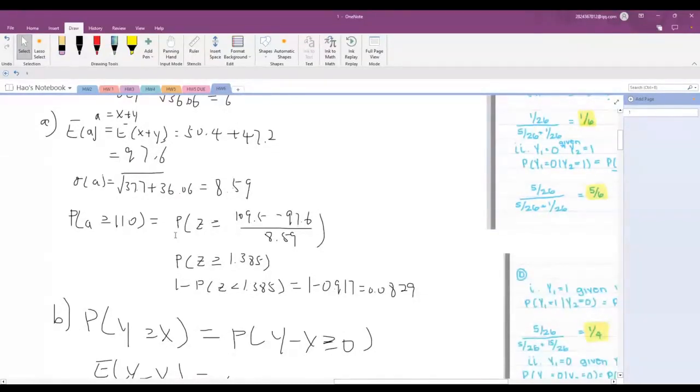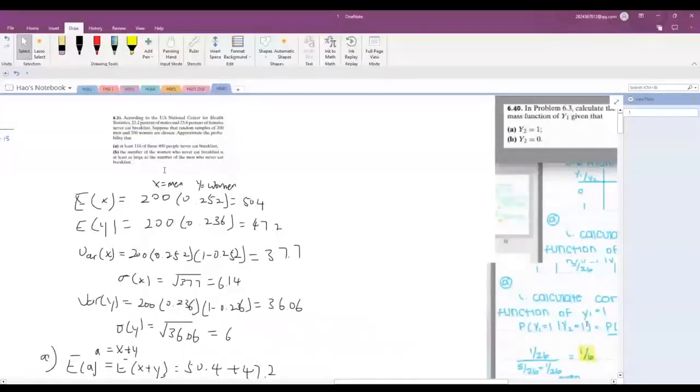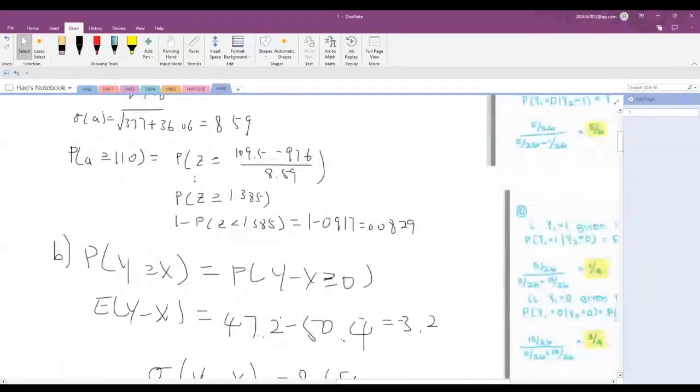Then applying the z-score formula for greater than or equal to 110, plug in the numbers to get a z-score greater than or equal to 1.385, and then you subtract from 1 to get 0.0829. That's the probability that at least 110 out of 400 people never eat breakfast.